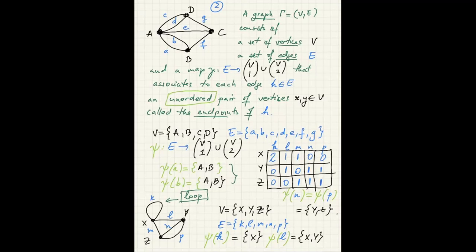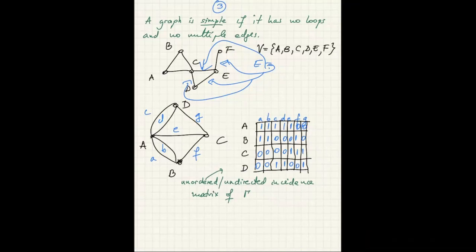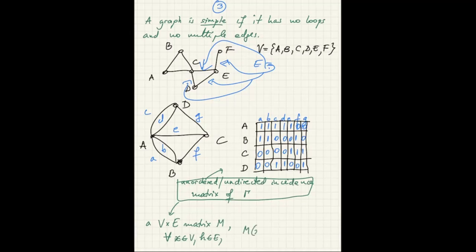And yeah, so now let's give the formal definition of this matrix. So this is a V times E matrix. Let's call it M, where for any X in V and for any H in E, the entry in the row X and in the column H is defined as follows.